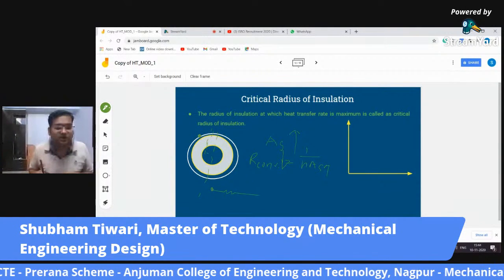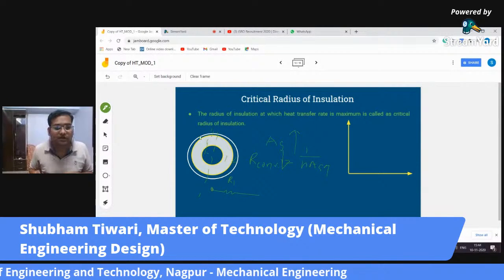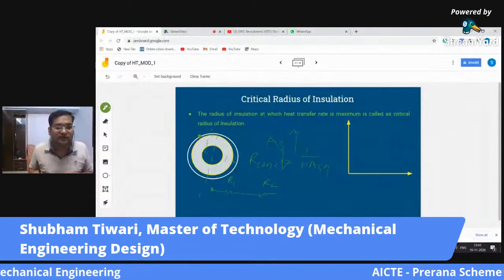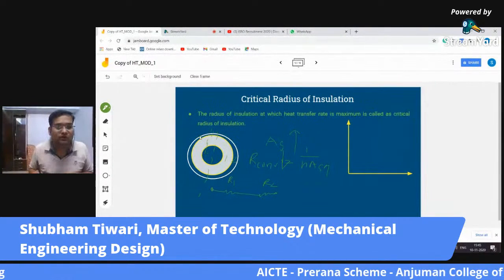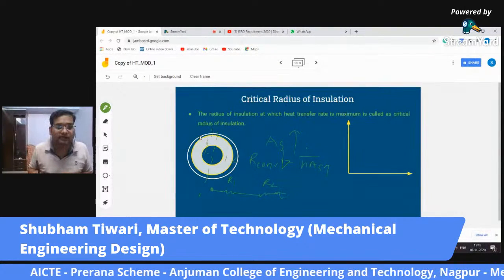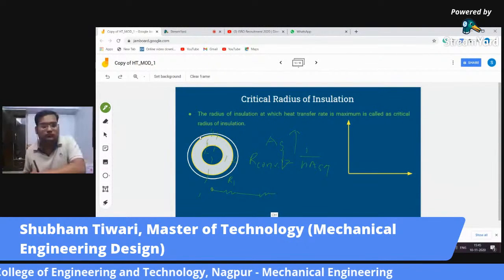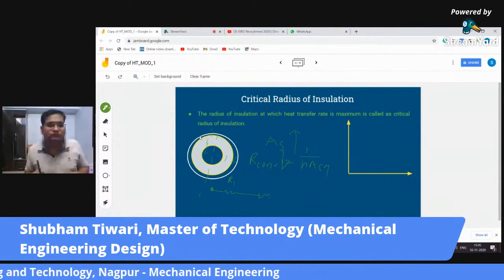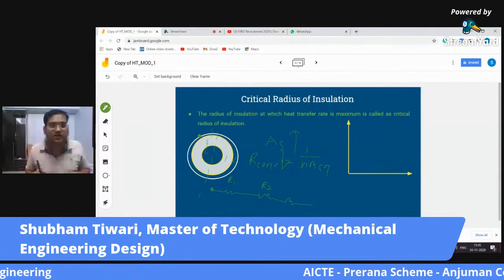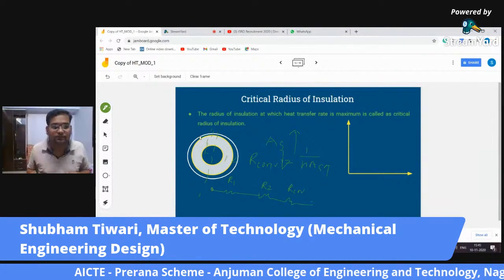So here we have material 1, here we have insulator R2, but this is for convection. Sorry, this is for conduction, and outside it will be convection. This is the resistance by the insulating material, and this is the convective resistance.